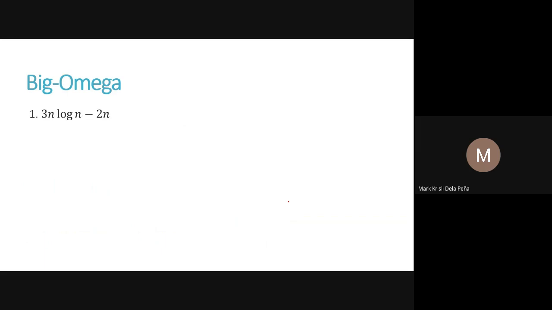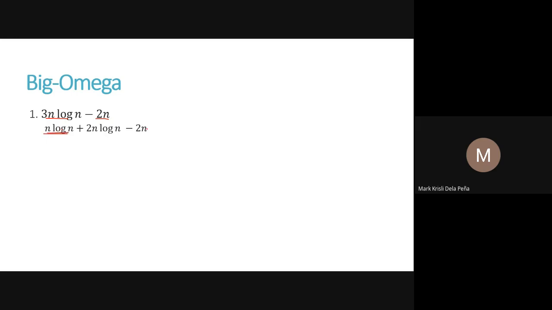Example, this one, we have 3 log n minus 2. Now, which among these two has the lowest growth rate? Based on the book, we have to simplify it further so that we can get the smallest one.